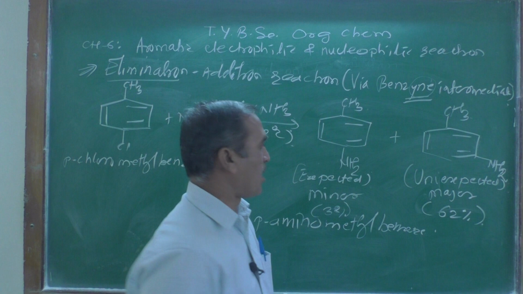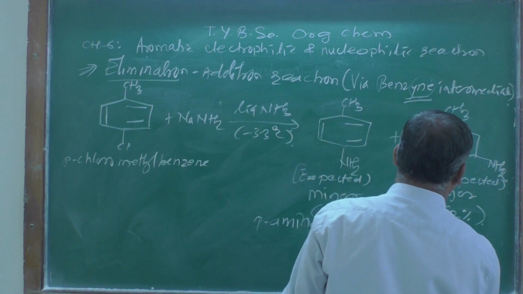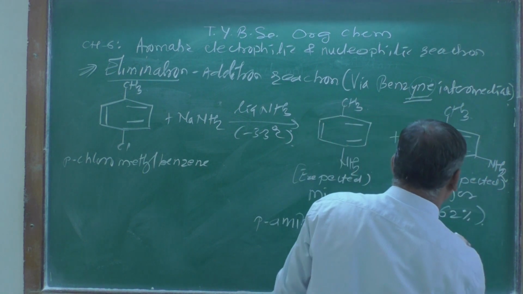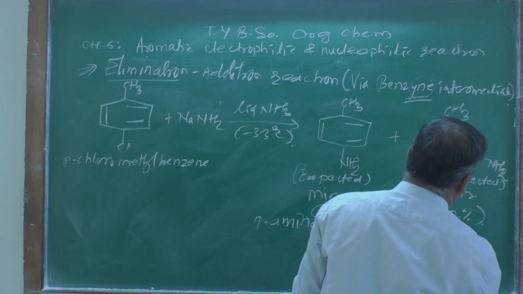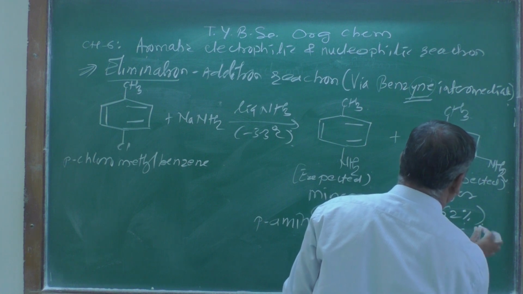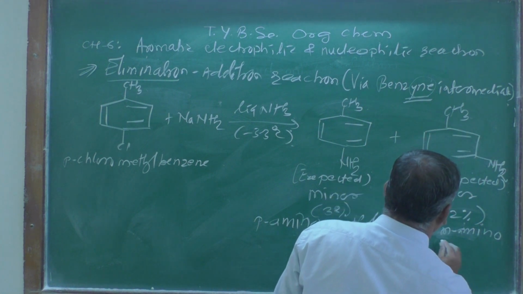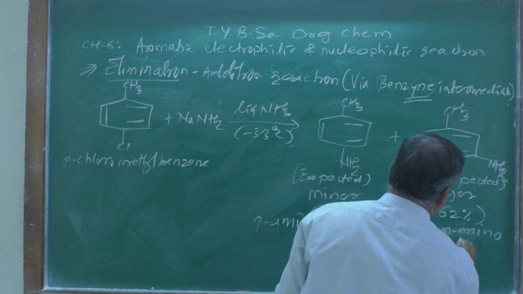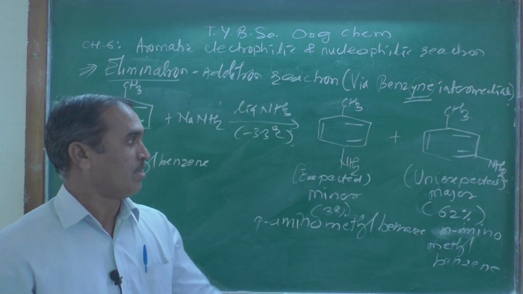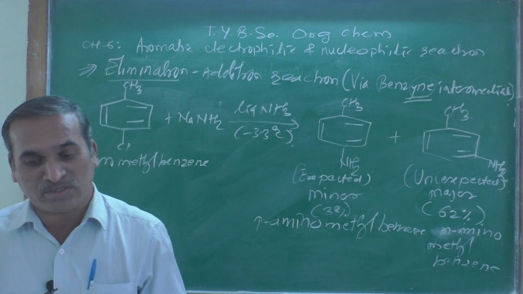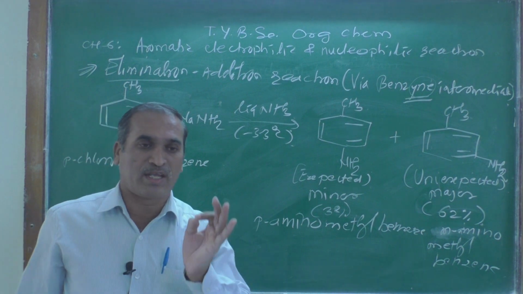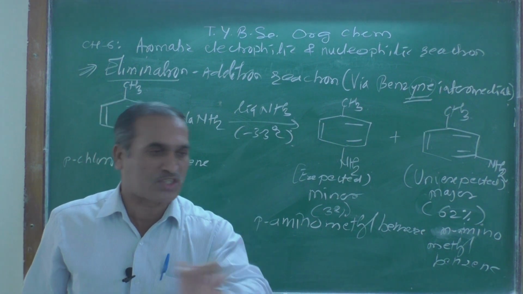And the name of this other compound, look at here, this position is a meta position, and therefore it is known as meta-amino-methyl-benzene. But which is higher in percentage? How do you explain this? Now when you know the mechanism, you can explain or justify this one.